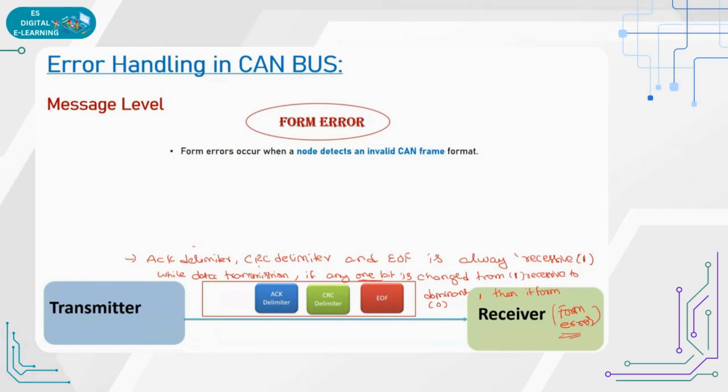If in interviews they ask you what a form error is, you need to explain that. Form error is nothing but the acknowledgement delimiter, CRC delimiter, and end of frame are always recessive during data transmission. If any one bit is changed from recessive to dominant, then we'll get a form error. Like that, you should explain.